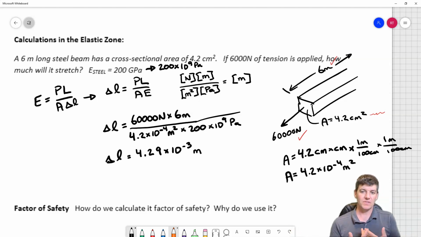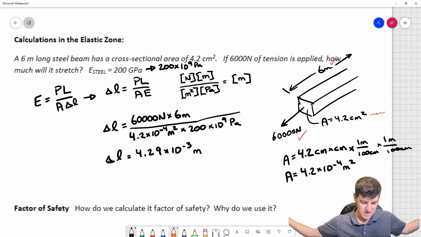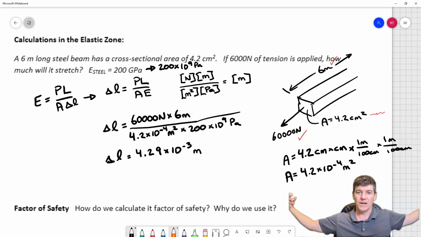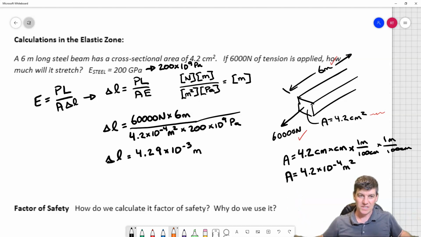And it's not reasonable. So if we think about this 6 meter long beam, you know, it's the width of your house, and we put some load on it, how much is it going to stretch? You know, maybe a millimeter if we put it under a heavy load. It's not going to stretch much.